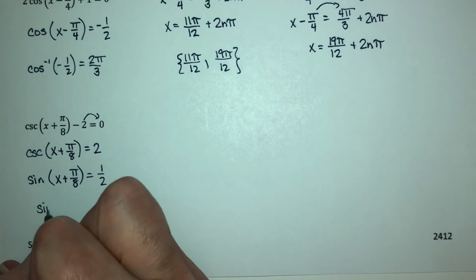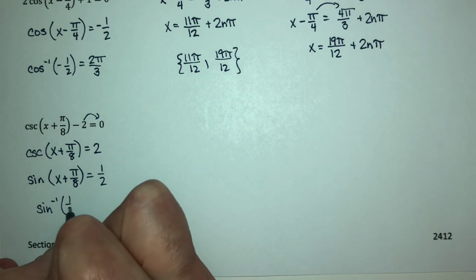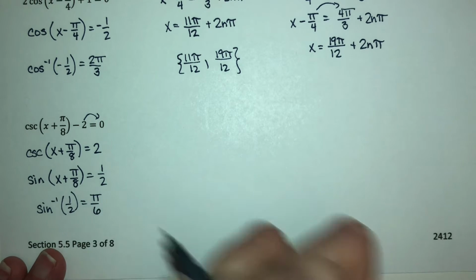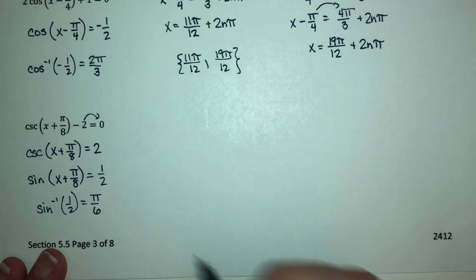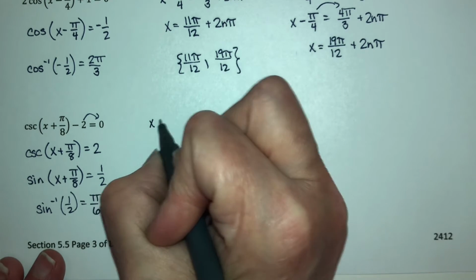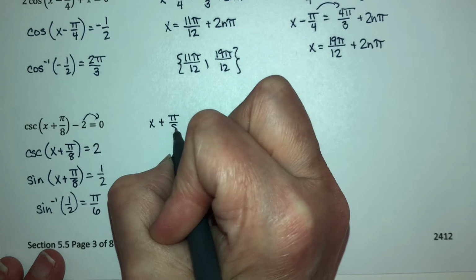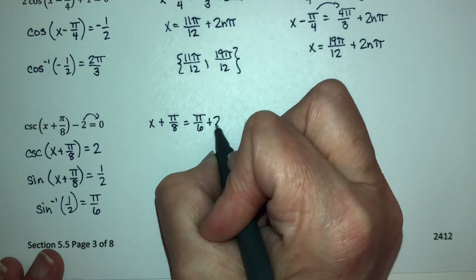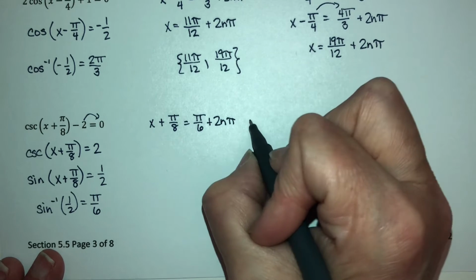And inverse sine of 1/2 is pi over 6. So I have x plus pi over 8 is equal to pi over 6 plus 2n pi.